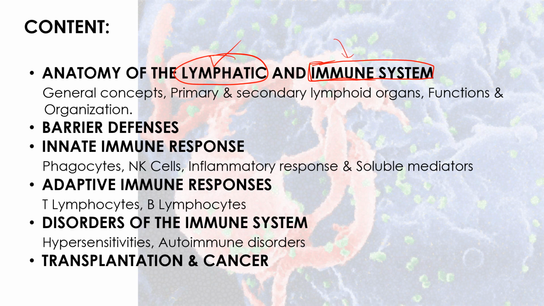But I'll try to do my best to explain each specific cell and what specific function they have, because at the end, the main idea that you have to keep in your head is that the immune system is this group of cells that are in charge, basically, of protecting you from pathogens, from microbes that cause diseases. Without your immune system, you would die from a bacterial infection or viral infection or parasite or fungus. So it's pretty important to know specific cells and specific functions.